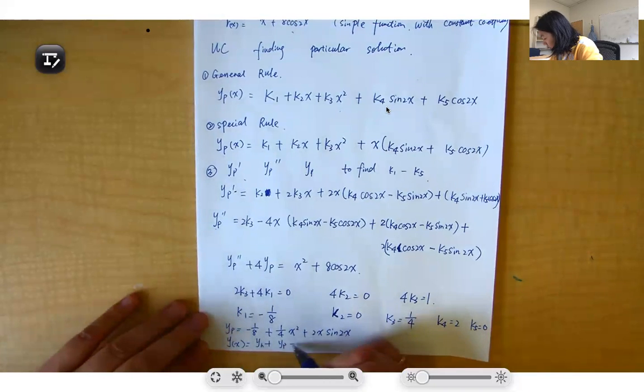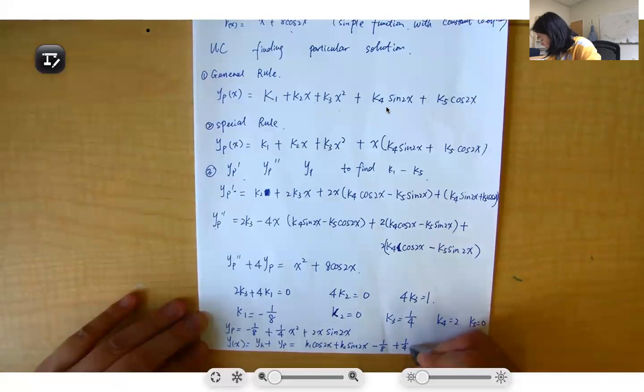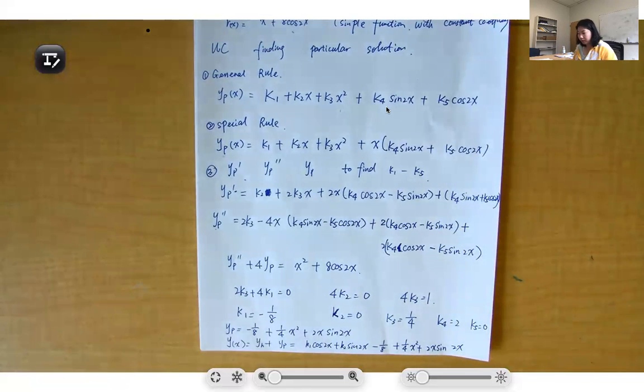And your yh will be k1 cosine 2x plus k2 sine 2x. The particular solution is negative 1 over 8 plus 1 over 4 x squared plus 2x sine 2x. So that is your general solution. In order to solve for your constants k1 and k2 here, you need to have either two IVP or BVP conditions.